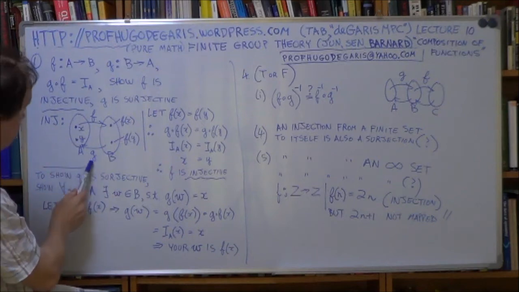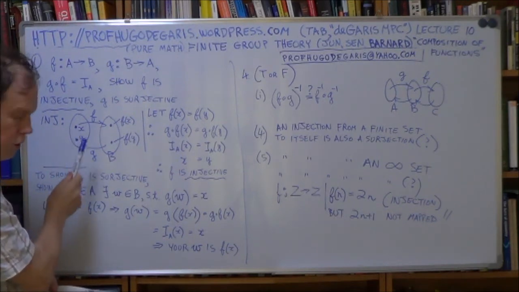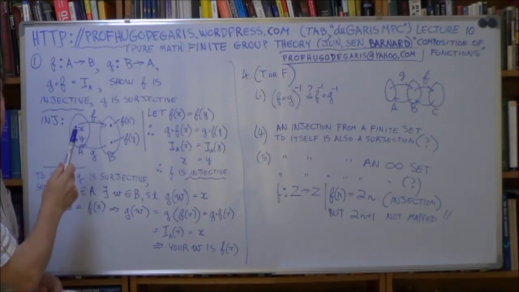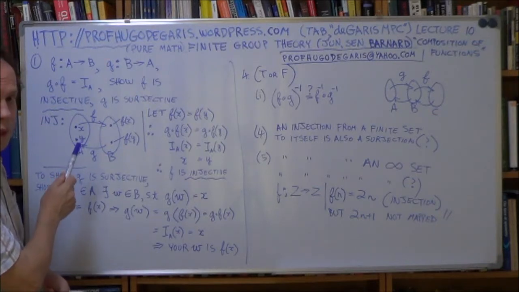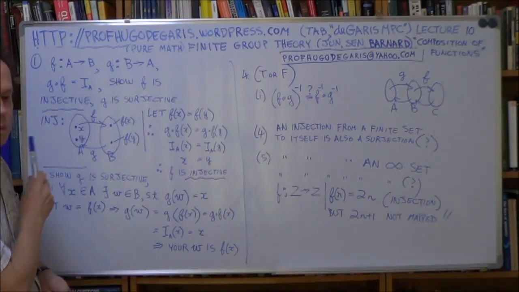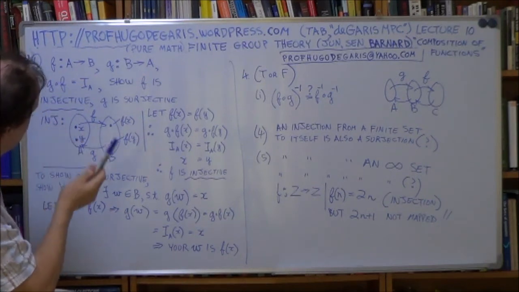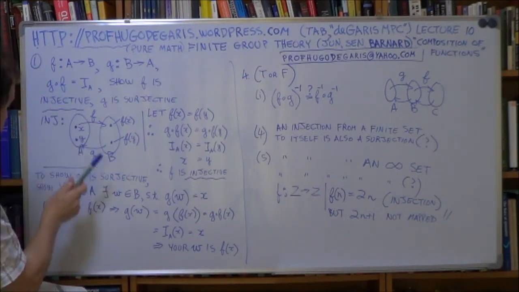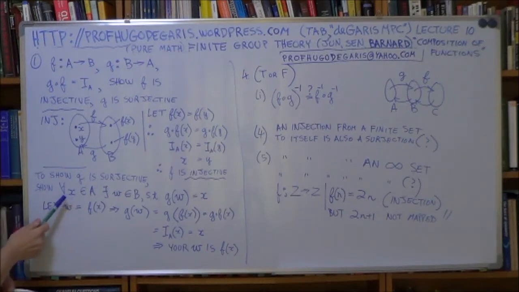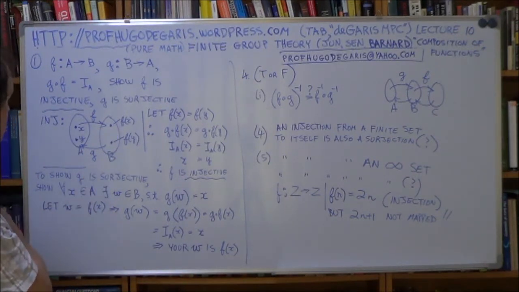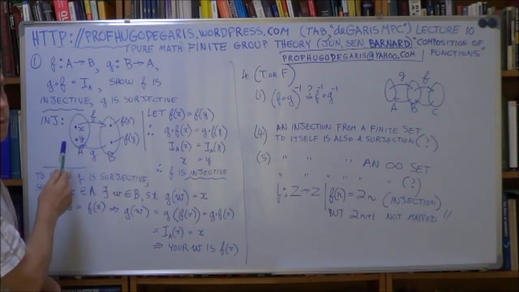All right. So for G to be surjective, what does that mean? It means every element in your codomain, your target set, gets mapped to at least once. That's the definition of surjective. So that means for any element belonging to A, let's call it X, there's an element in B that maps to it.